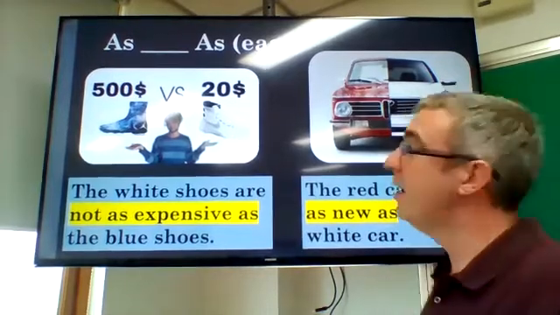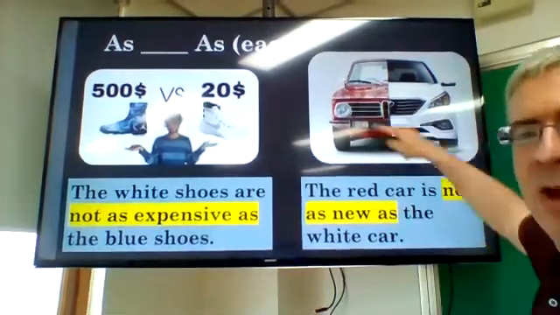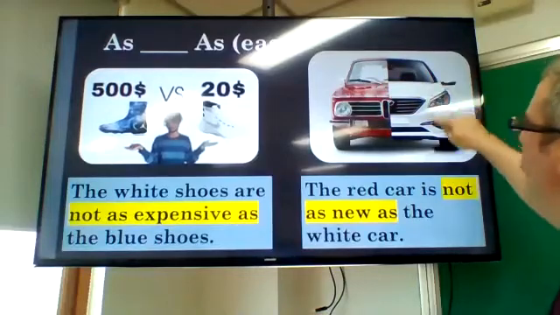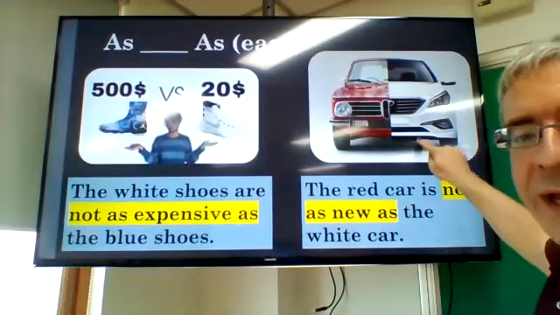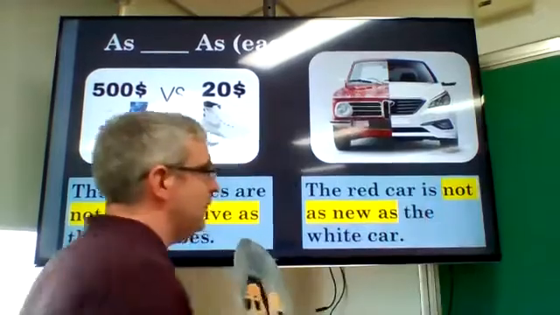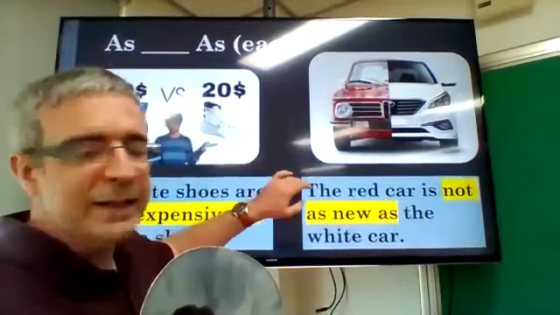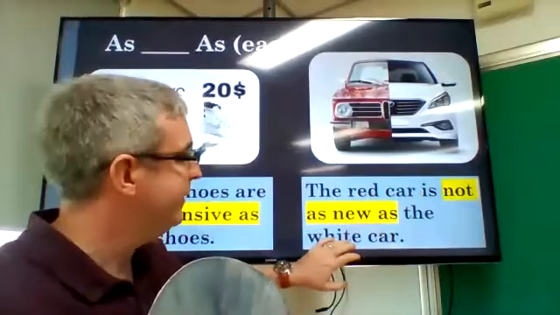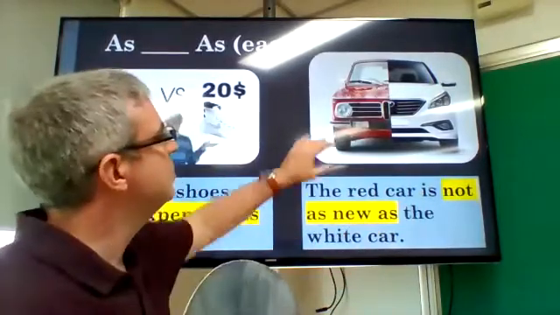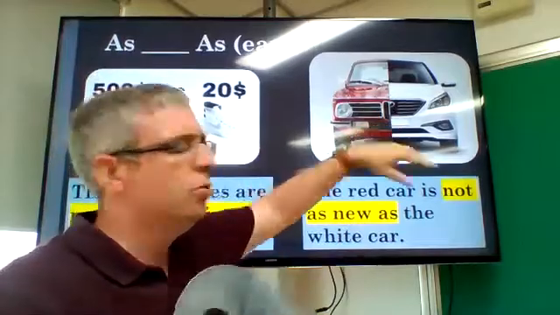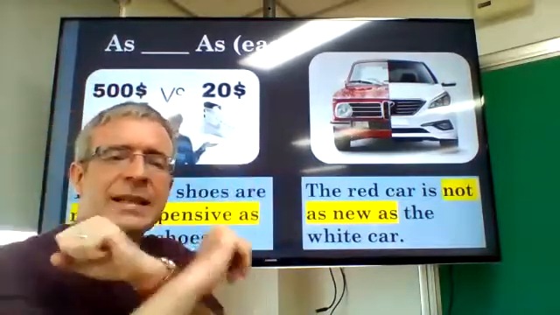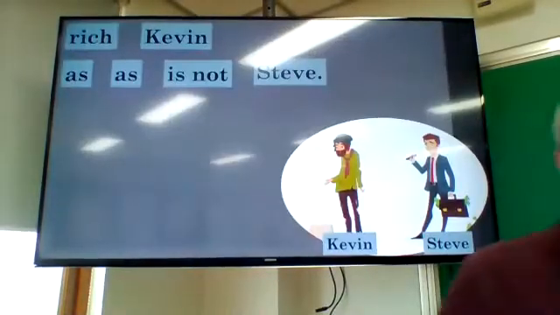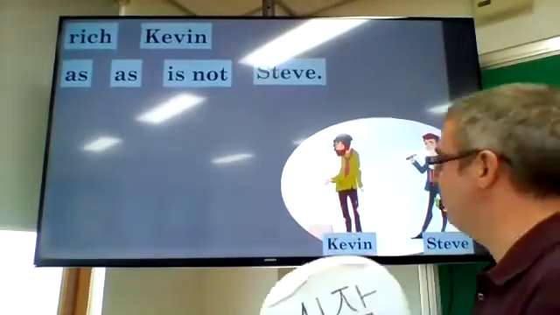Here's another example. So we have an old red car and a new white car. So the red car is not as new as the white car. So old, new. So not the same.